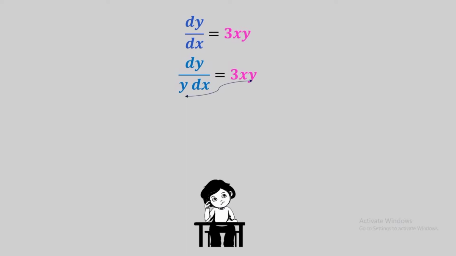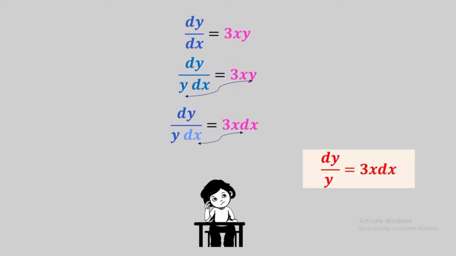We move the y to one side of the equation and all the x terms including dx to the other side. So, we have now the final form, dy over y is equal to 3x dx. And ayan guys, na-separate na natin yung mga x and mga y.